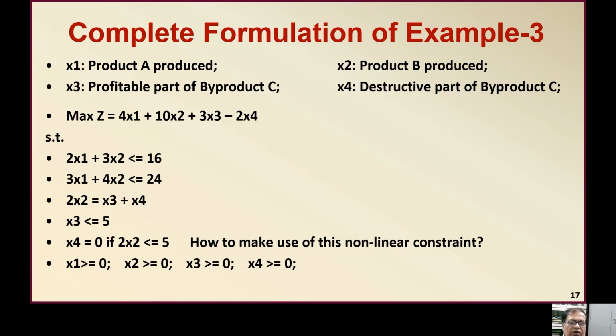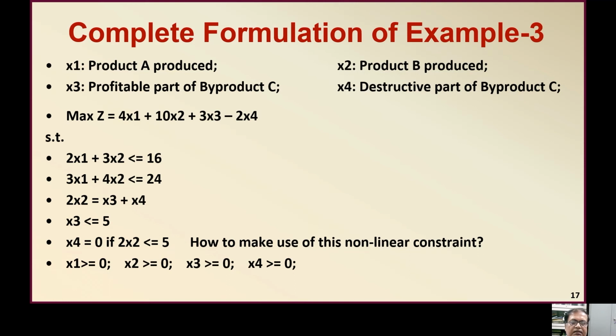Forgetting x1, whatever the value, let us say if x2 equal to 2, then 2x2 is 4. Now, if you have x3 equal to 3 and x4 equal to 1, you know what is the total profit? Forgetting the x1 part, 10 into 2, that is 20, 3 into 3, that is 9.